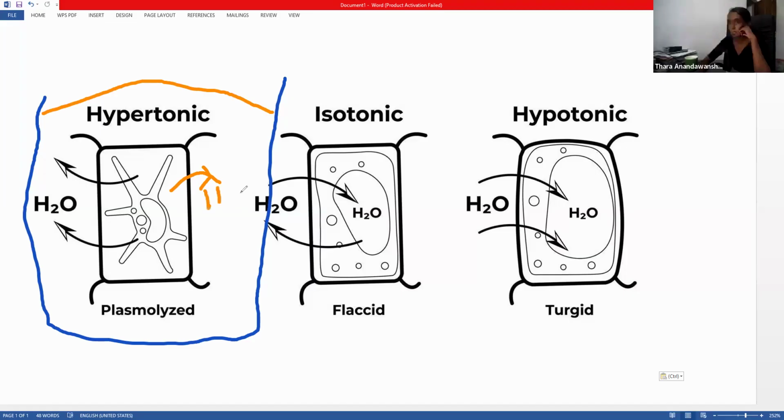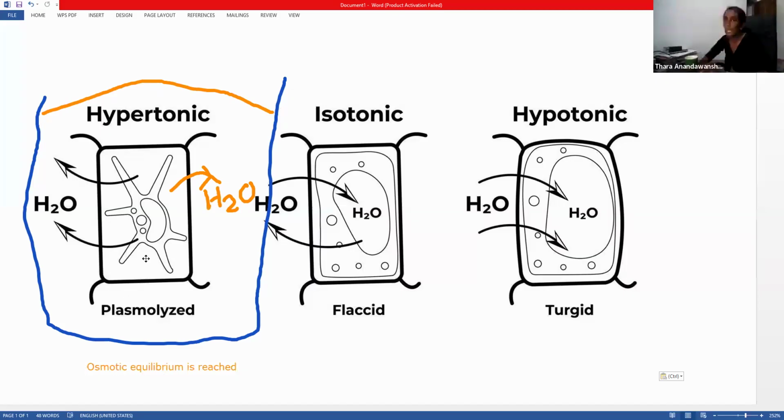The water will move out until an osmotic equilibrium is reached.